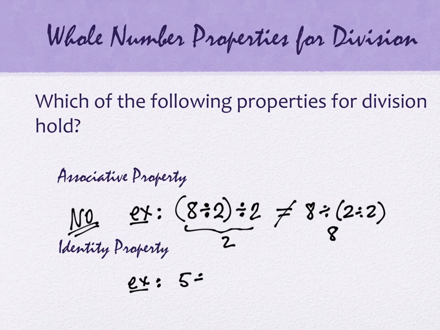If I did 5 divided by 1, what do I get? 5. But there's a problem. Do you remember what it is? You can't do it the other way around. What happens when I do 1 divided by 5? Well, in particular, it's not 5, right? It's not even a whole number, but it's not 5. Even if it were a whole number, it's not the number 5. So this one's a no.